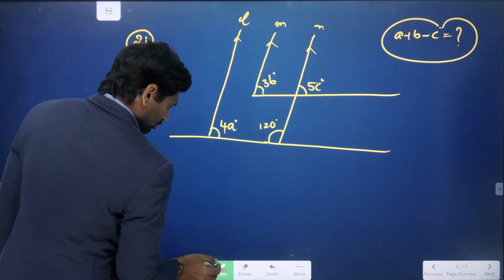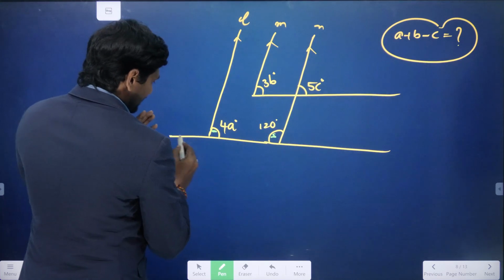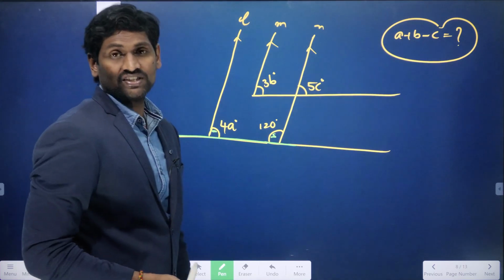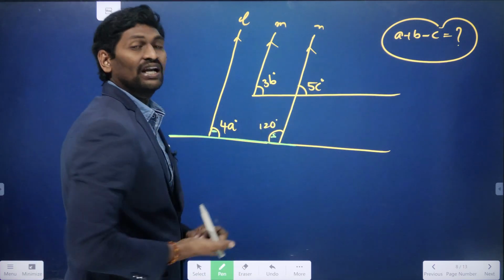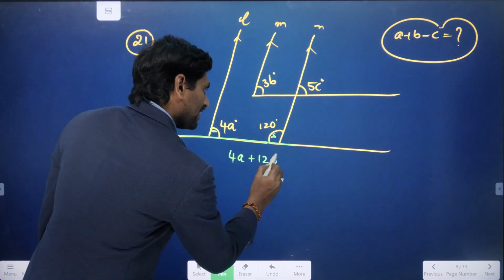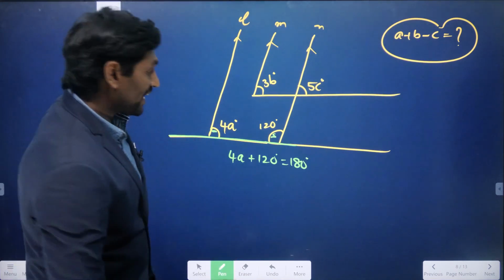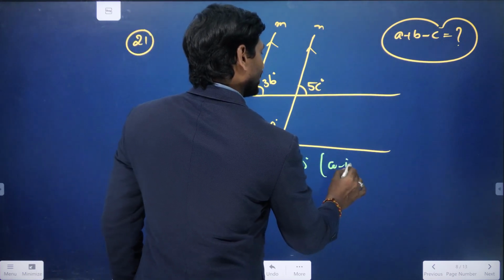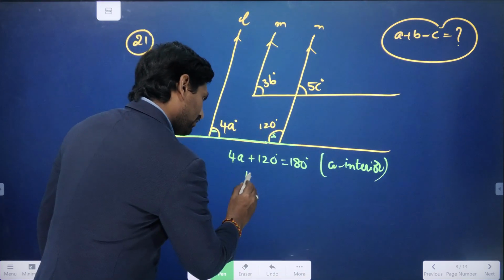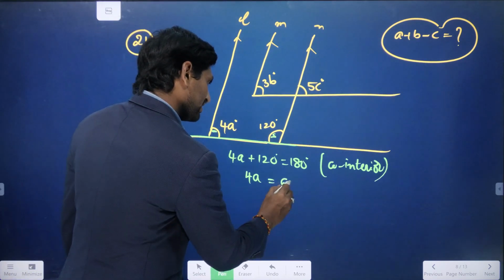While you are observing these two parallel lines, we can consider this horizontal line as a transversal, and both angles are between the parallel lines, so co-interior angles. According to the transversal concept, 4A plus 120 equals 180 degrees because of co-interior angles. You can write co-interior.